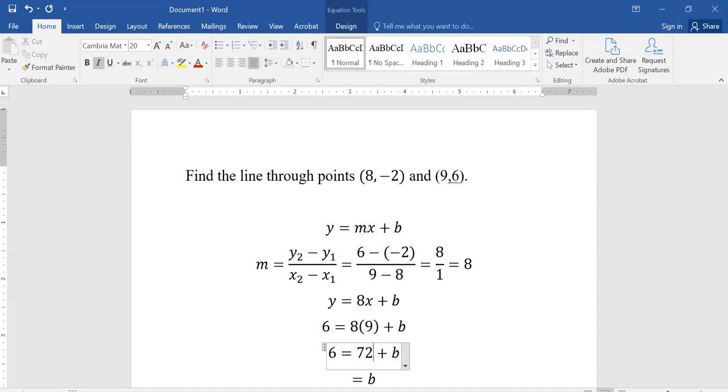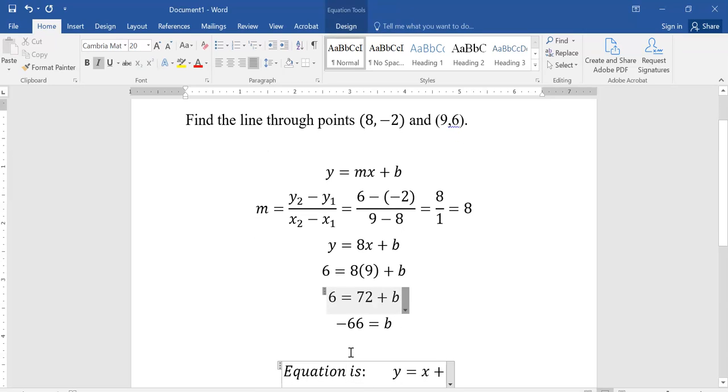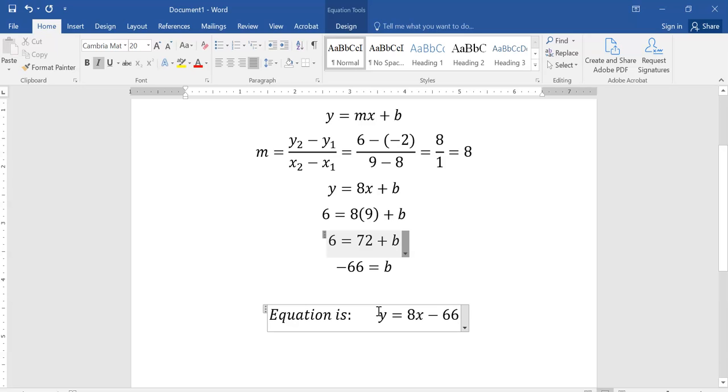If you subtract 72 from both sides, you end up with, excuse me, negative 66 as your b. So with slope of 8 and b negative 66, y equals 8x minus 66. You could have also put y equals 8x plus negative 66, but that's the equation. Y equals 8x minus 66 is what I got.